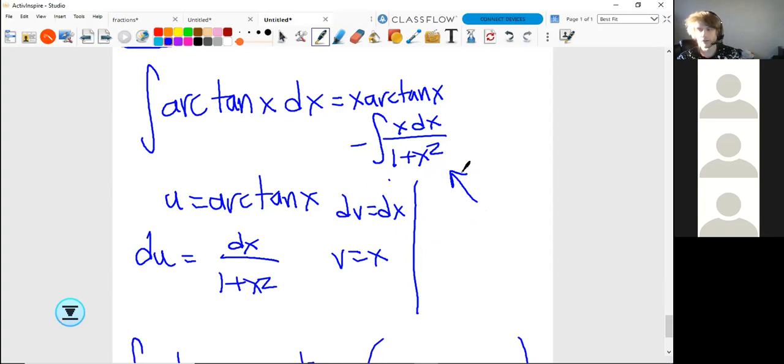At this point, we should see that a u substitution would be appropriate here. For rational functions, you don't really want to apply integration by parts, except if it's a specifically designed integral. We'll see how to deal with rational functions in general. It turns out that if your function is the ratio of two polynomials and you can factor the denominator, you can always integrate it. But this one is actually a u substitution.